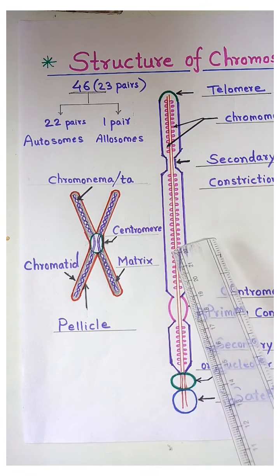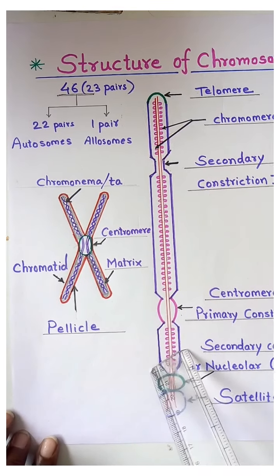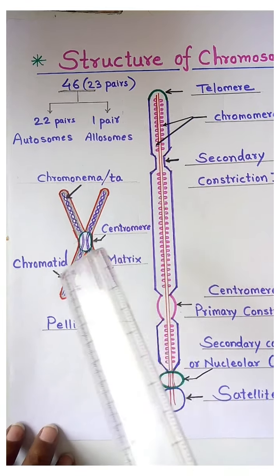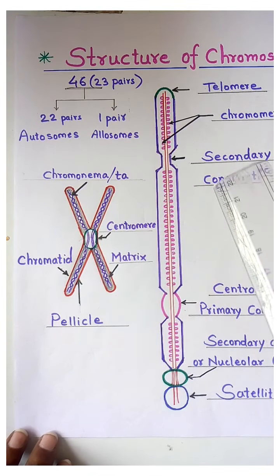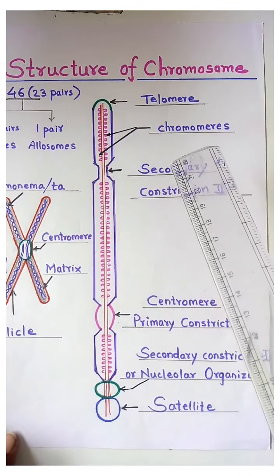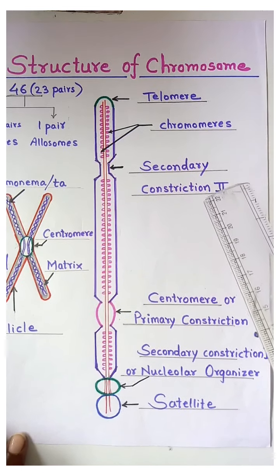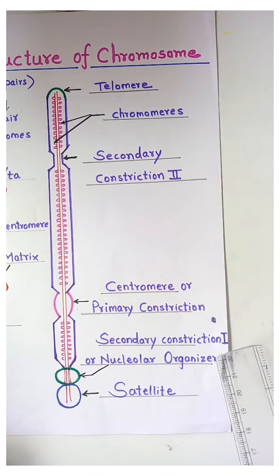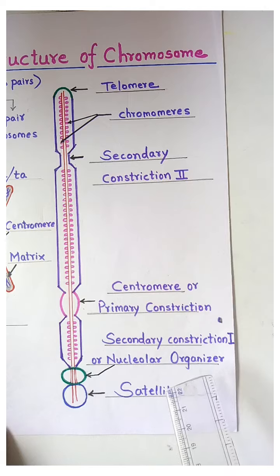But this is the diagram of a single chromosome. The single chromosome appears like a ribbon. This is before replication and this diagram is after replication. In this diagram, we'll see different parts such as telomere, chromomeres, secondary constriction, centromere, secondary constriction or nucleolar organizer, and satellite.